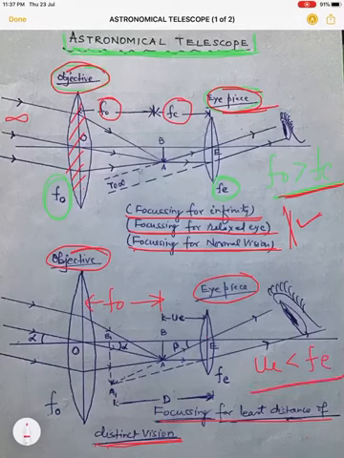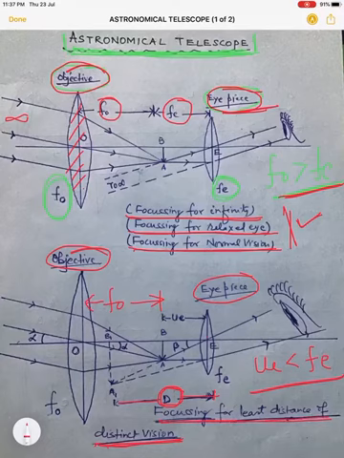So if we get a situation like this, the final image is made at least distance of distinct vision D, and the image is A1B1. So A1B1 is the final image of object AB at the least distance of distinct vision, and this is called focusing for least distance of distinct vision.